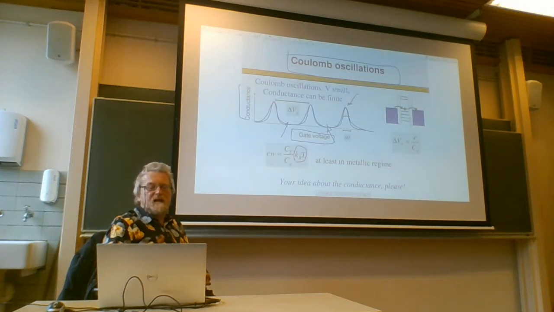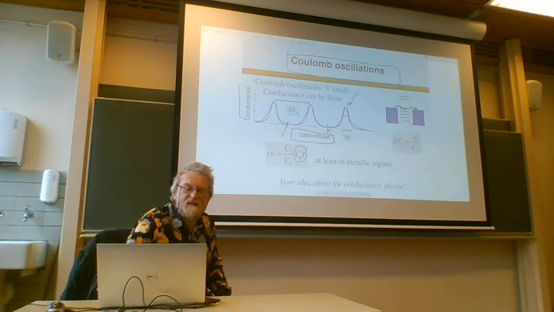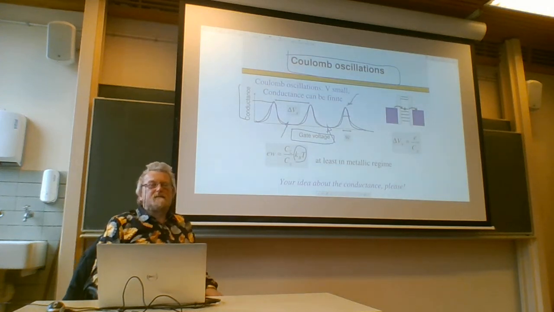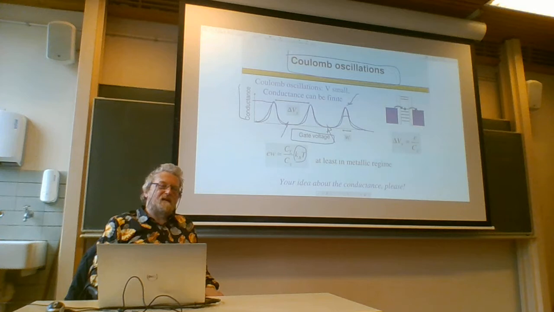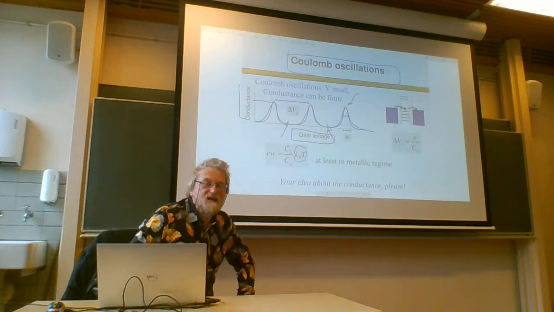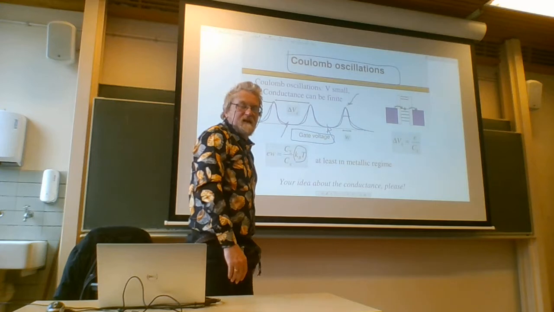But what would be this conductance? Can you give me an idea, please? Or let me formulate it in a more emotional manner. Suppose you have a friend, an experimentalist, who brings you this curve and tells you that this is a manifestation of Coulomb blockade oscillations.